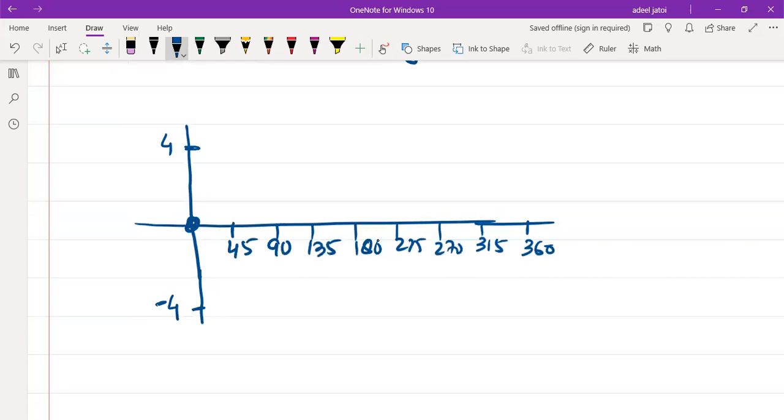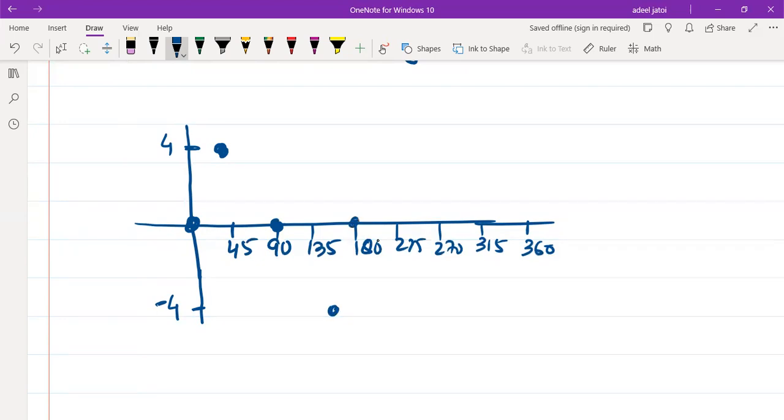On 90 we used to have 1, but now the cycle has been divided by 2, so we will write 4 at 45. At 180 we used to have 0; now 180 divided by 2, we will have 0 at 90. At 270 we used to have -1; now at 135 we will have -4.